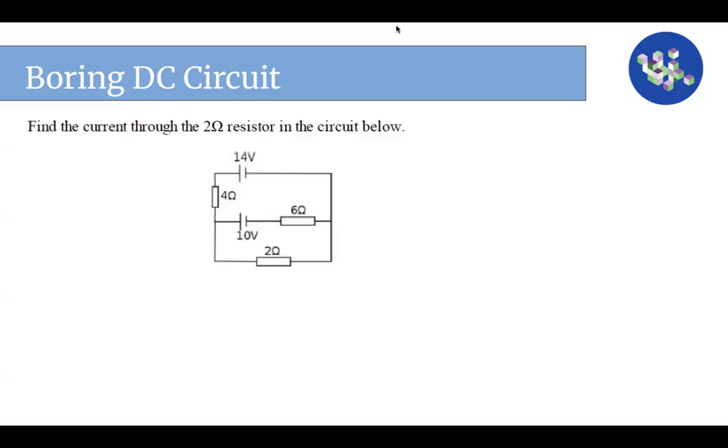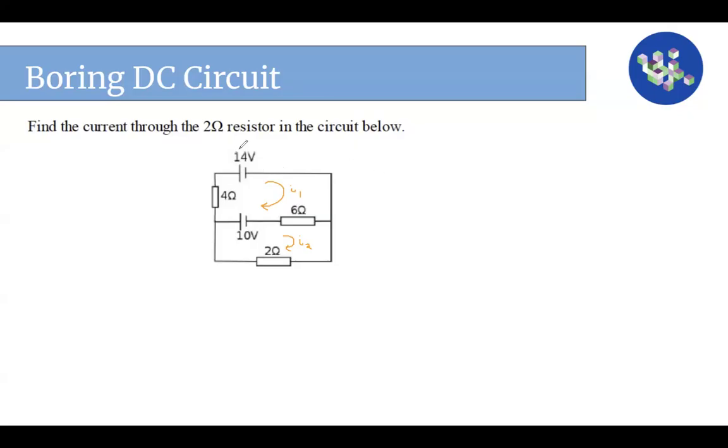All right, I think we can go over this now. So you can see what I drew. We'll assume that we have our current I1 in this loop going clockwise and I2 in this loop going clockwise. So remember our Kirchhoff's loop rule.